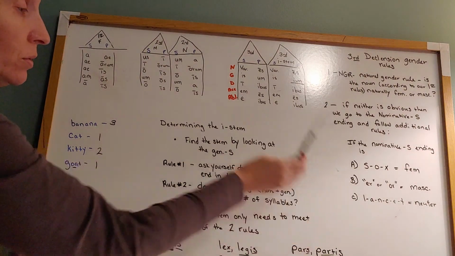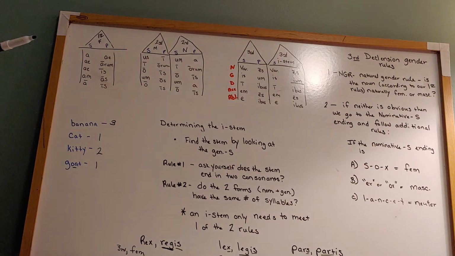Here are the rules. If it ends in S or O or X, it will be feminine. If it ends in ER or OR, it will be masculine. And if it ends in L or A, N or C or E or T, it will be neuter.